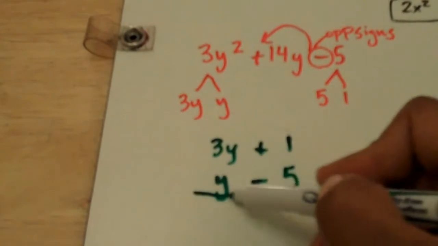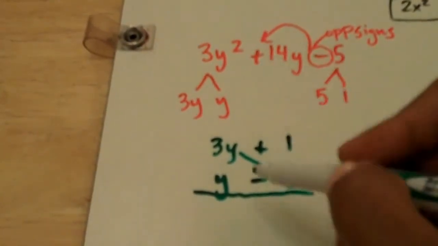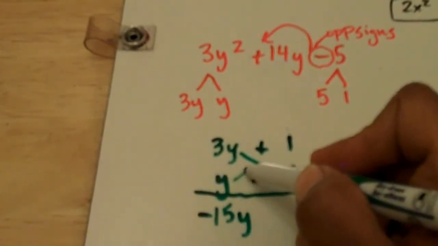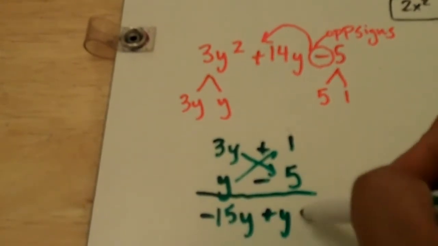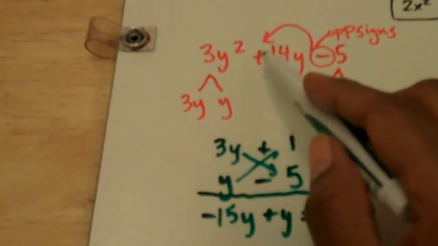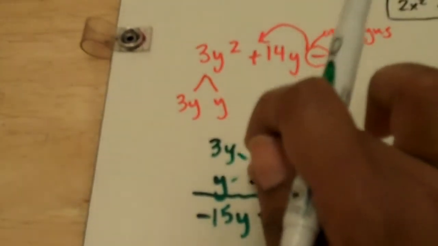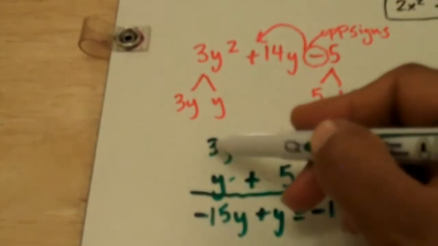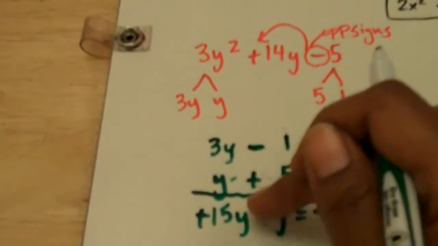So we're going to multiply 3y times negative 5, which will give us negative 15y. And y times positive 1 will give us plus y. Well, this is equal to negative 14y. But we want it to be positive, which means we have to change the signs. If we change the signs, this becomes negative, this becomes positive. 3y times 5 is now positive 15y.